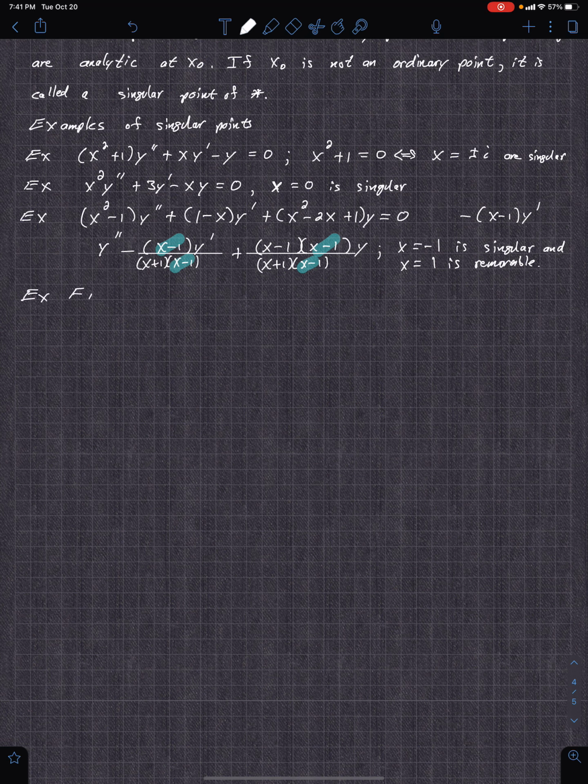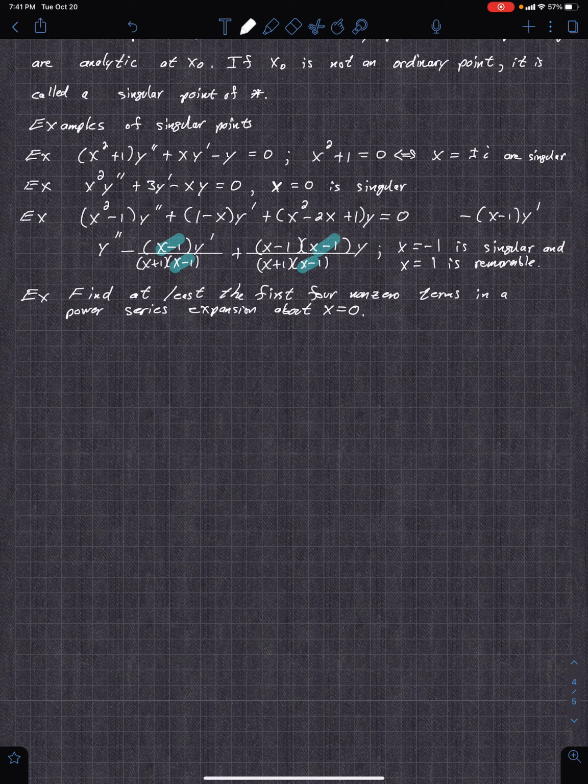The directions on this one are: find at least the first 4 non-zero terms in a power series expansion about x equal to 0.